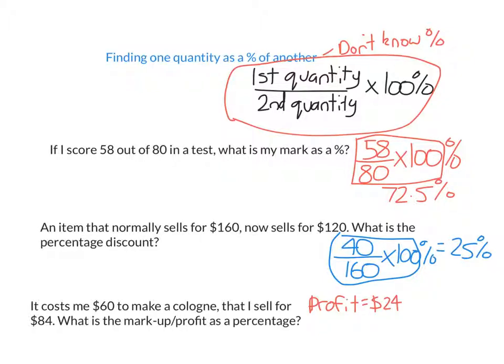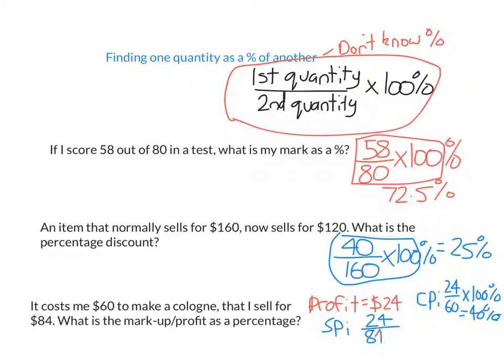As a percentage of the cost price, so the cost price is what it costs me to make it, it would be profit, 24 over 60 times 100%. So we're finding what percent of 60 is 24, and you get 40%. Now, as a percentage of the selling price, the profit is the same. It's gone up by 24, but the selling price is 84.